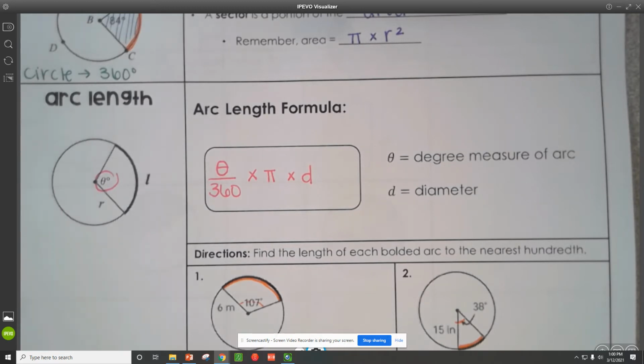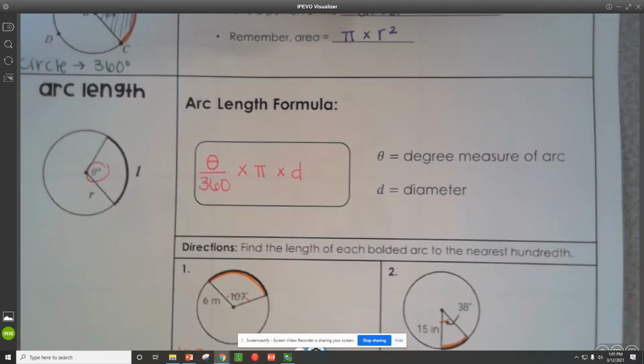Number three, the arc that we're asked to find the length of is over here, but the angle is on the other side. So to find the correct angle, the one that's kind of inside our arc, we need to take 360 minus 142, and that's 218 degrees. So we're using 218 in our formula.